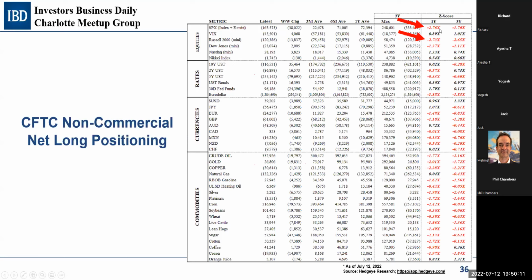And it's a Z-score of almost 3x. So that's a very extreme reading as far as the net short position in the S&P and the Russell. Interestingly, though, the NASDAQ is actually still net long based on these futures positioning.